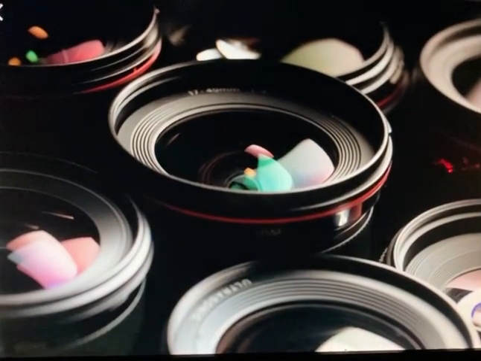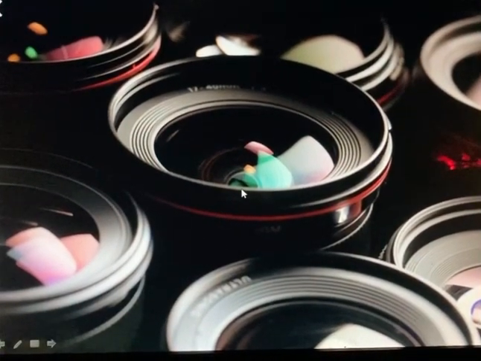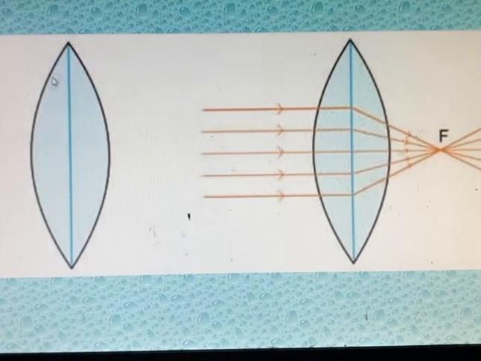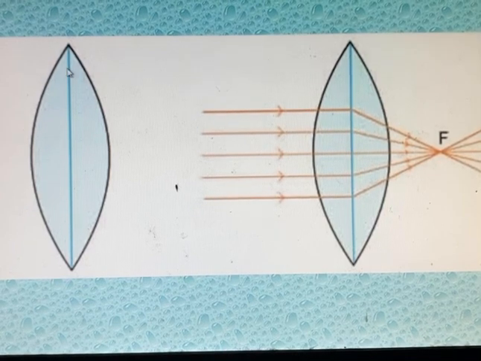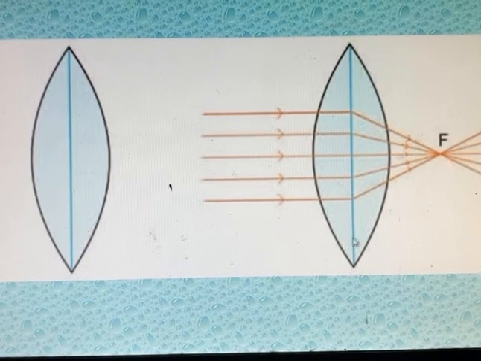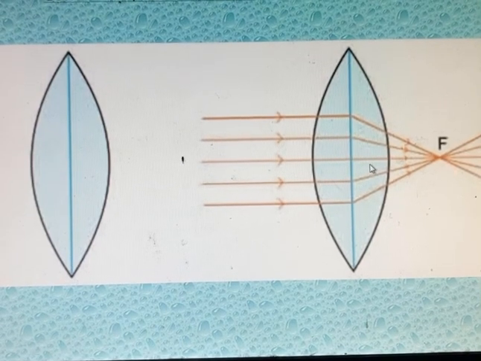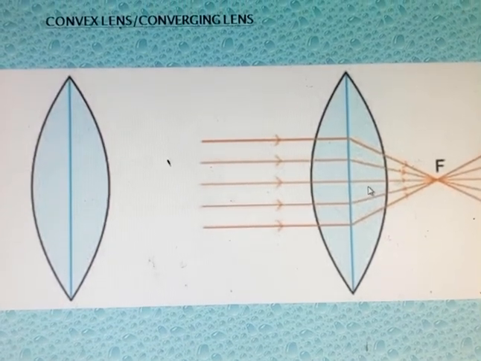Well, what is a lens? These are camera lenses, and this is a practical example of a lens. This is the convex lens showing the light refraction. You know what is refraction?